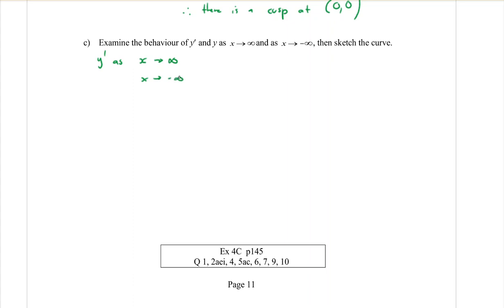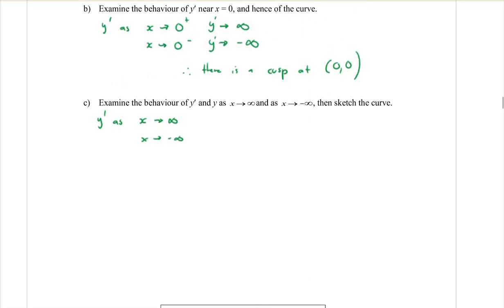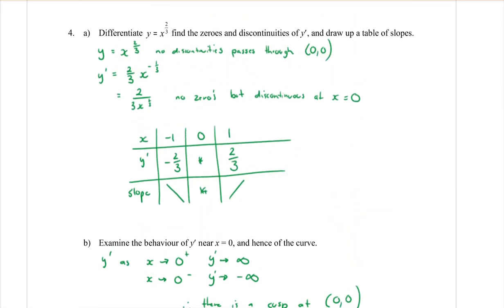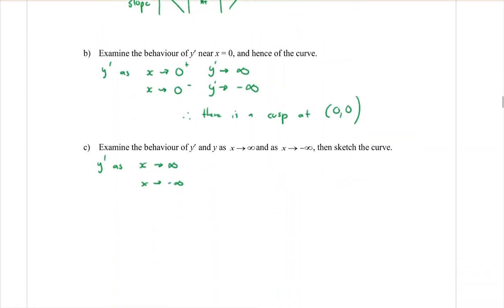For the gradient, if x is approaching infinity, that means my denominator is approaching infinity, and that would be 2 divided by infinity, which is basically 0. So my gradient is approaching 0. And negative infinity is the same deal, that is also approaching 0.